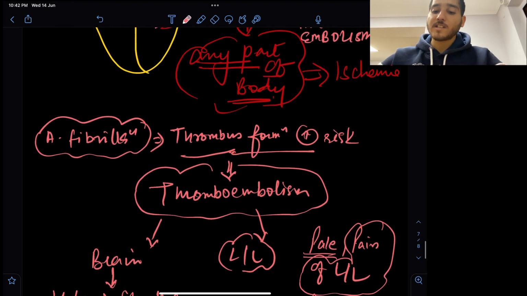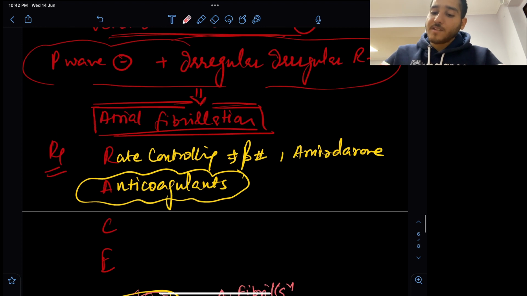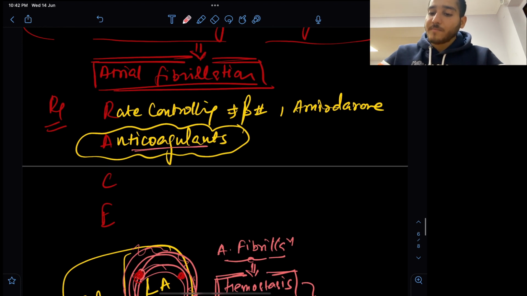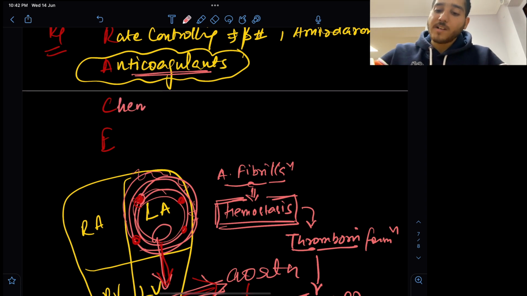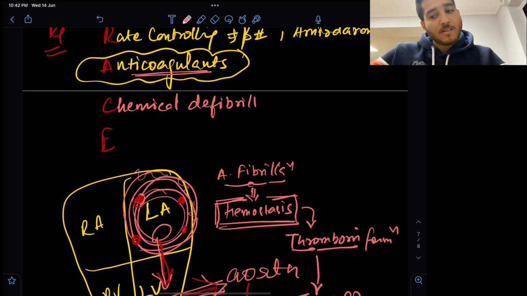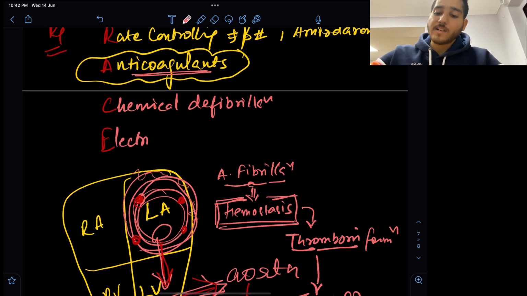Atrial fibrillation is increased risk for thromboembolism, and that's why we give anticoagulants. If the patient responds well to these drugs, then we don't need to go for chemical defibrillation, but if the patient might need it, we can go for chemical defibrillation or electrical defibrillation.